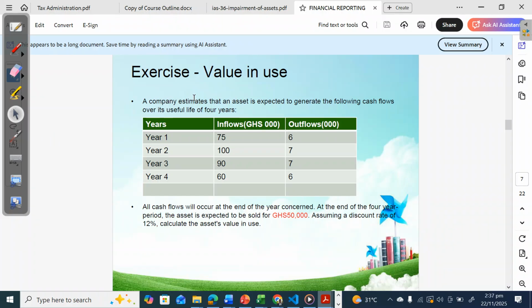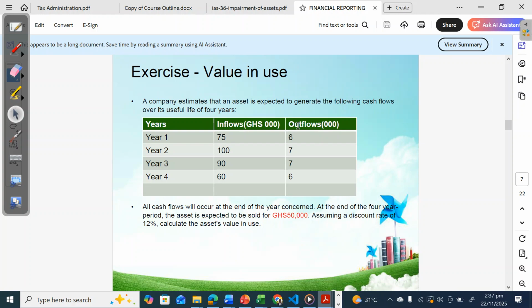A company estimates that an asset is expected to generate the following cash flows over its useful life of 4 years. Year one, 75,000. So these are the inflows and outflows. As you are using the asset, definitely you also spend on it.